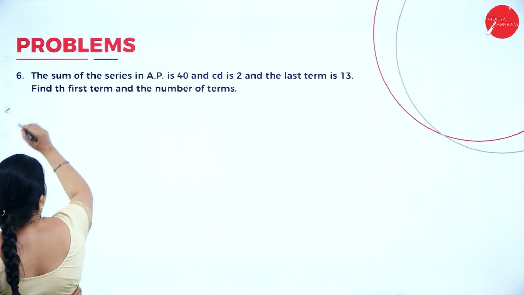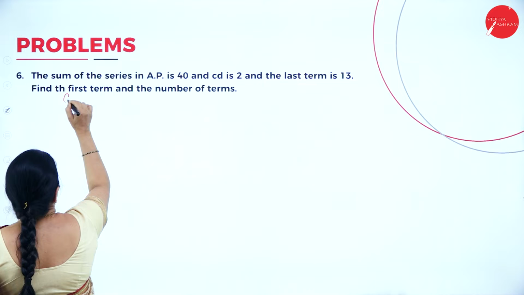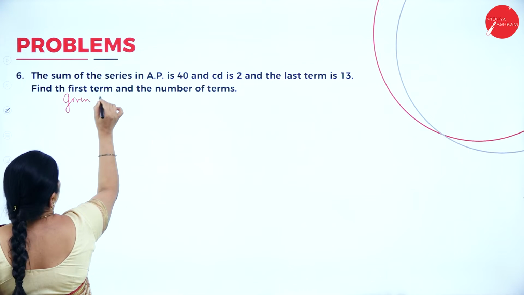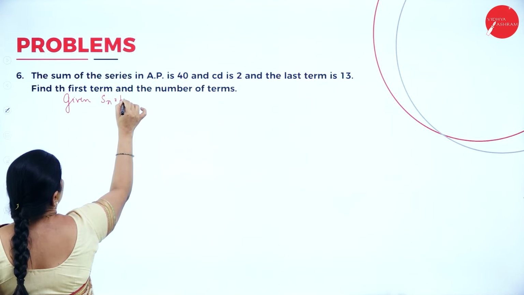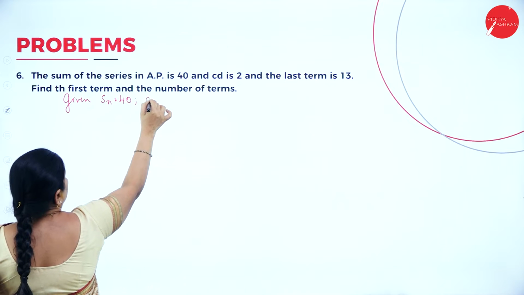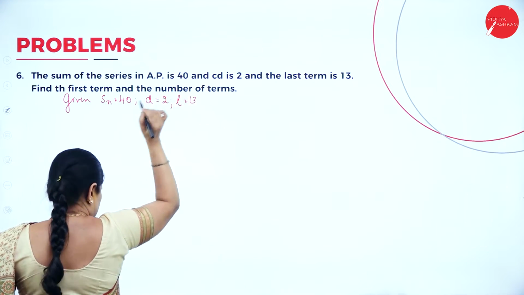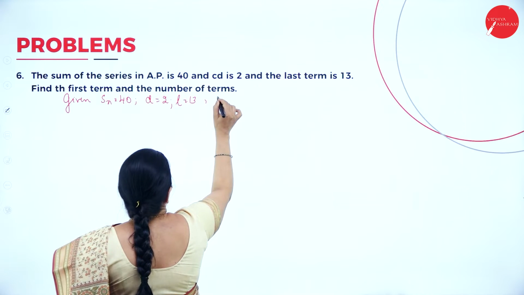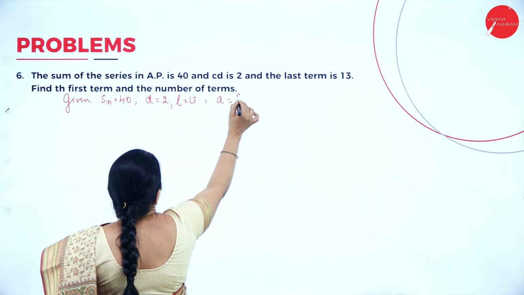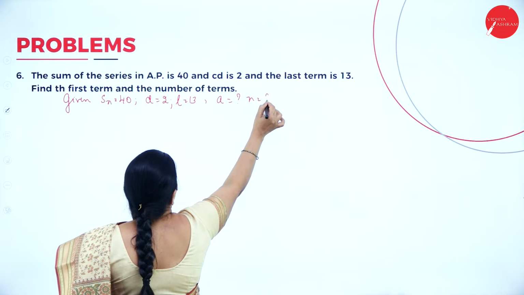Now what is given? Given Sn equals 40, D equals 2, L equals 13. We have to find A equals how much, N equals how much.